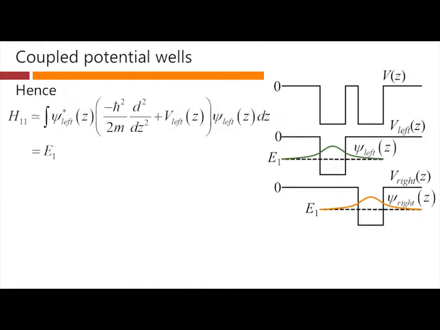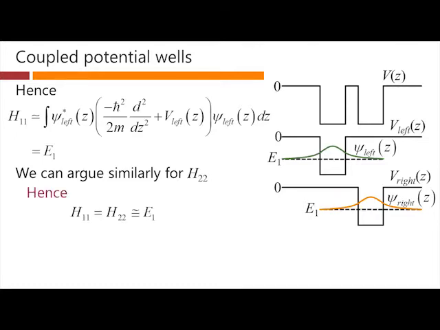Hence, when we look at this H11 here, we lose the plus V right of z inside here. We're just not going to have that. And of course then this matrix element simply becomes E1. This is just the evaluation of the Hamiltonian for this problem, the left-hand problem, on its own now. And we can argue similarly for H22, which is just associated with the other wave function, with this one here.